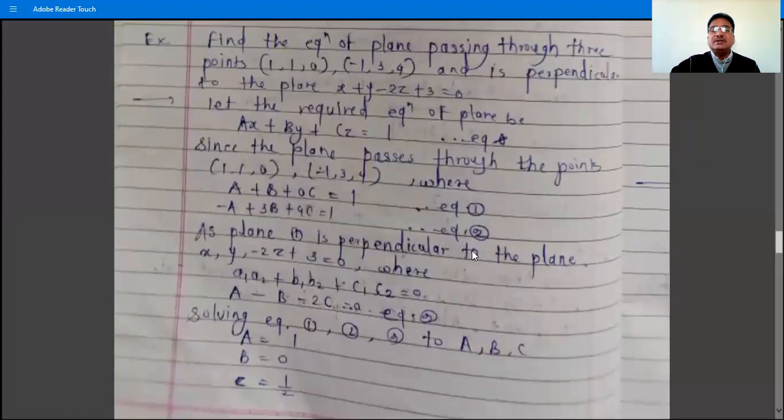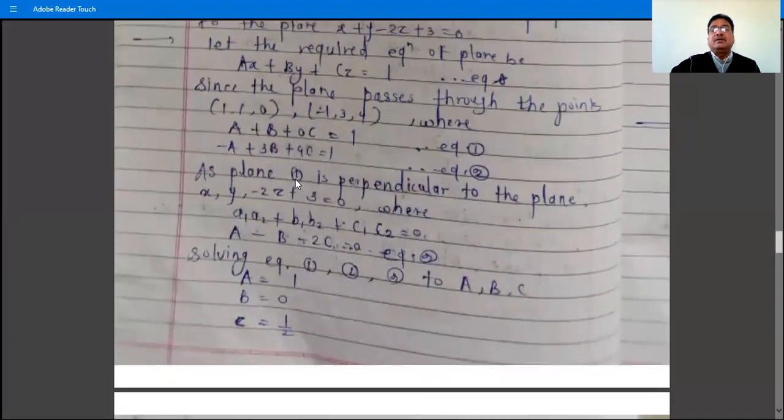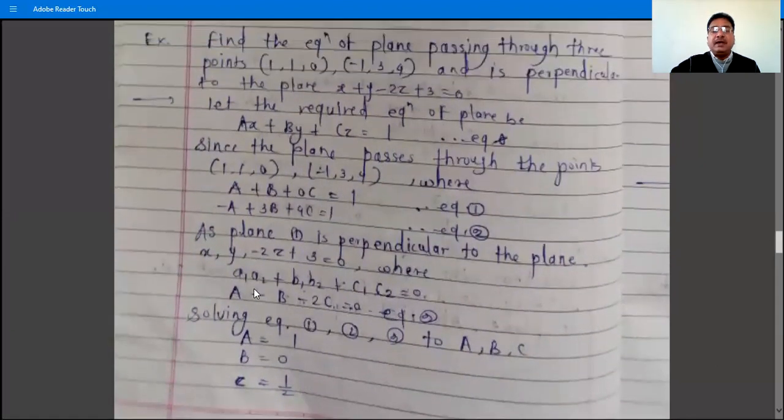Since plane star is perpendicular to this plane, by the condition of perpendicularity, what is the condition? A1 A2 plus B1 B2 plus C1 C2 is equal to 0. That is the multiplication of the coefficients of x, and so on.